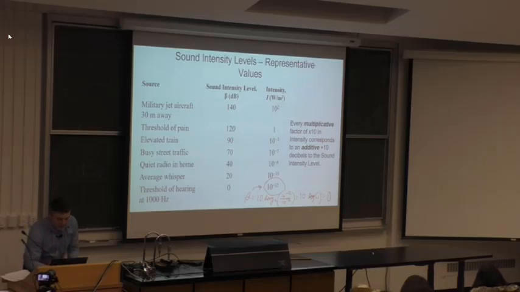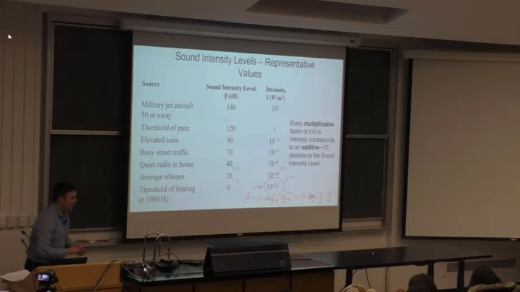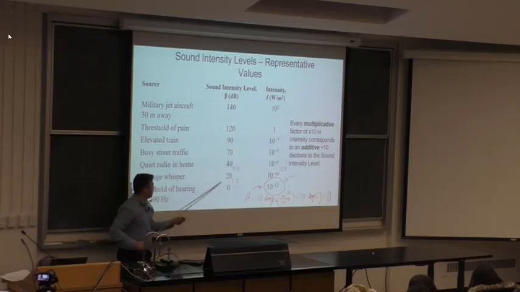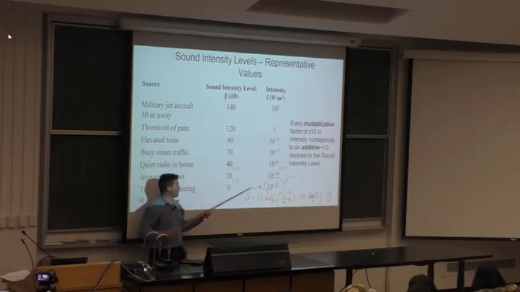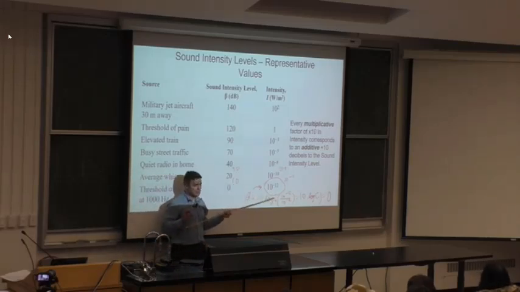If you do 10 to the minus 10, you end up with 20. And if you were to do 10 to the minus 11, you get 10 decibels. If you do 30 decibels, that's 10 to the minus 9. So the pattern here is that the decibels go up by an additive step of 10 decibels every time the intensity goes up by a multiplicative step of a factor of 10.